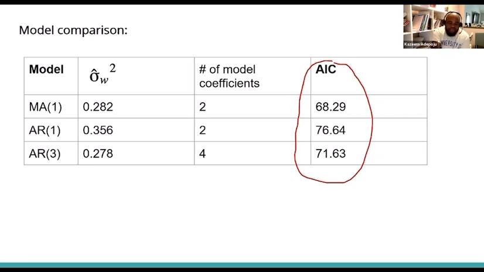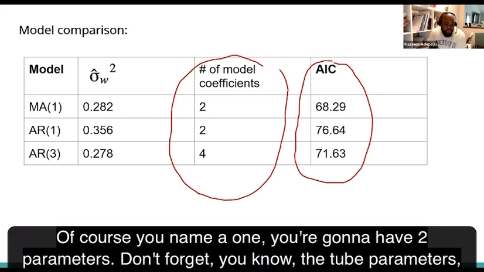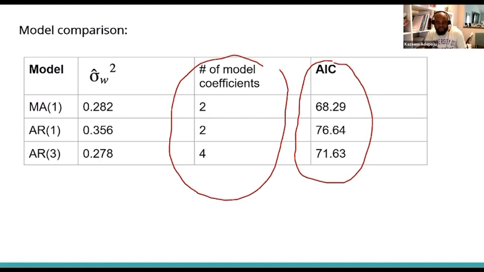If you take a look at this particular column, it's telling you the number of parameters in each model. Of course, in MA(1) you're going to have 2 parameters. Don't forget, in MA(1) you are relating the current value of the series to the current white noise and the immediate past white noise, so we have 2 parameters.